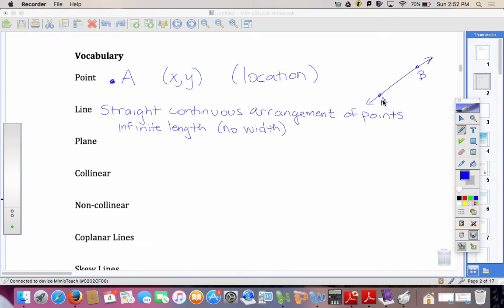And then you can use a couple of ways to notate this. Here I have 2 points on the line. See my heavy dots and my capital letters, so I have 2 points.